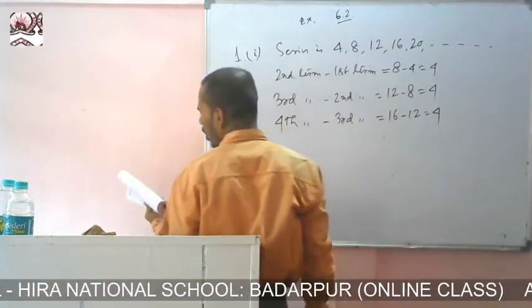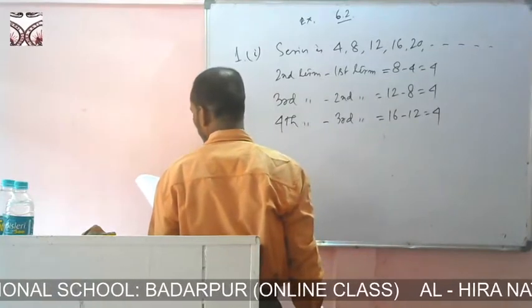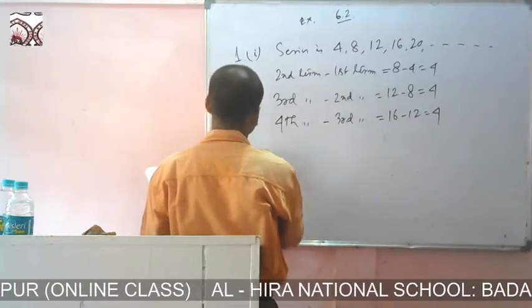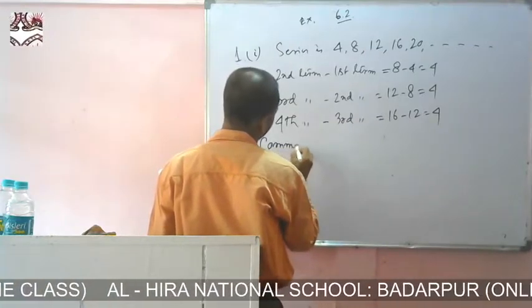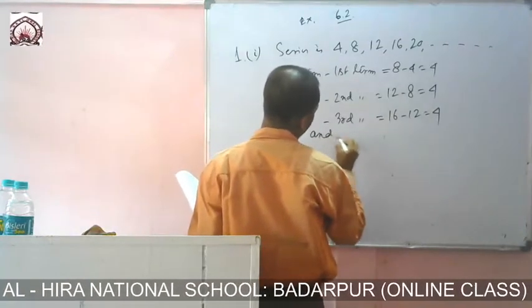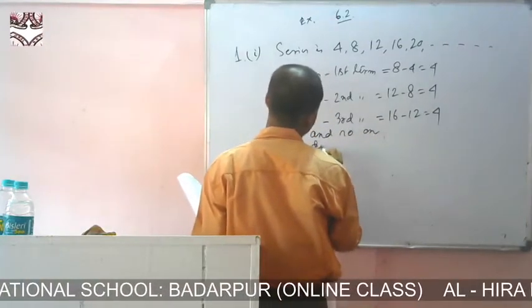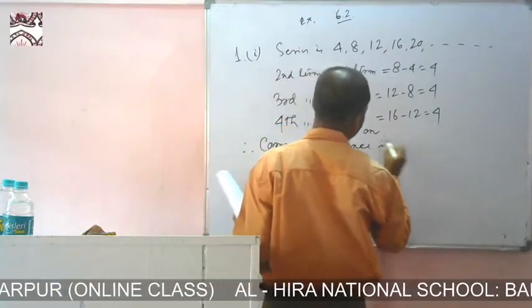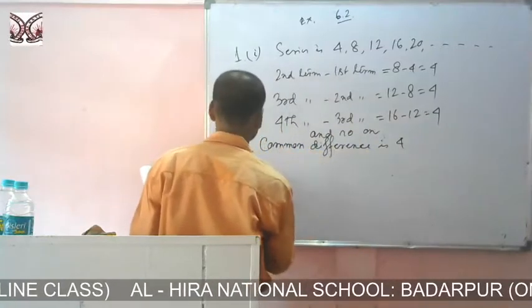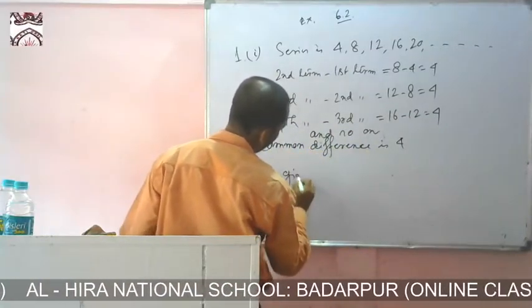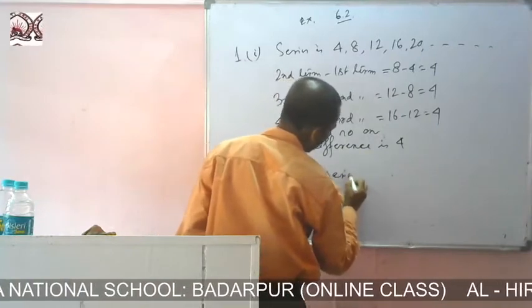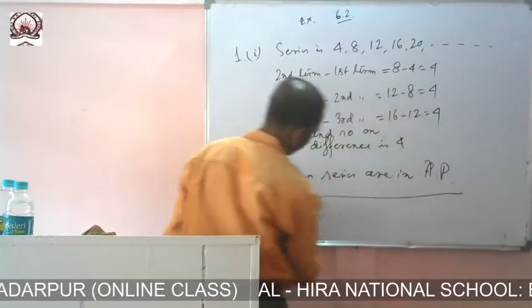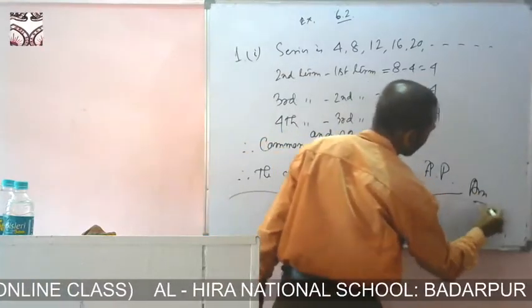So we are getting the common difference as 4. Therefore the given series is in AP. Answer. This is very simple.